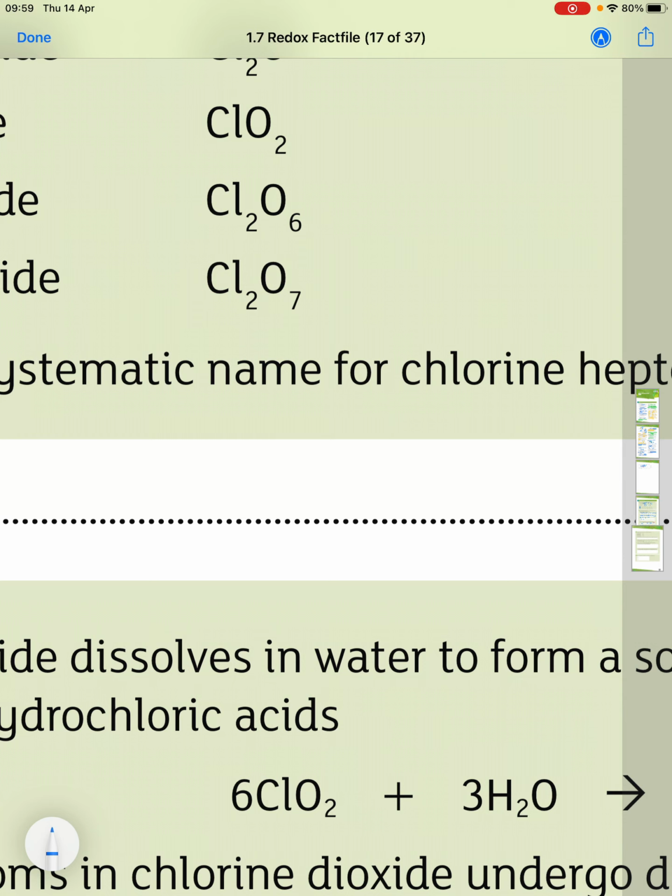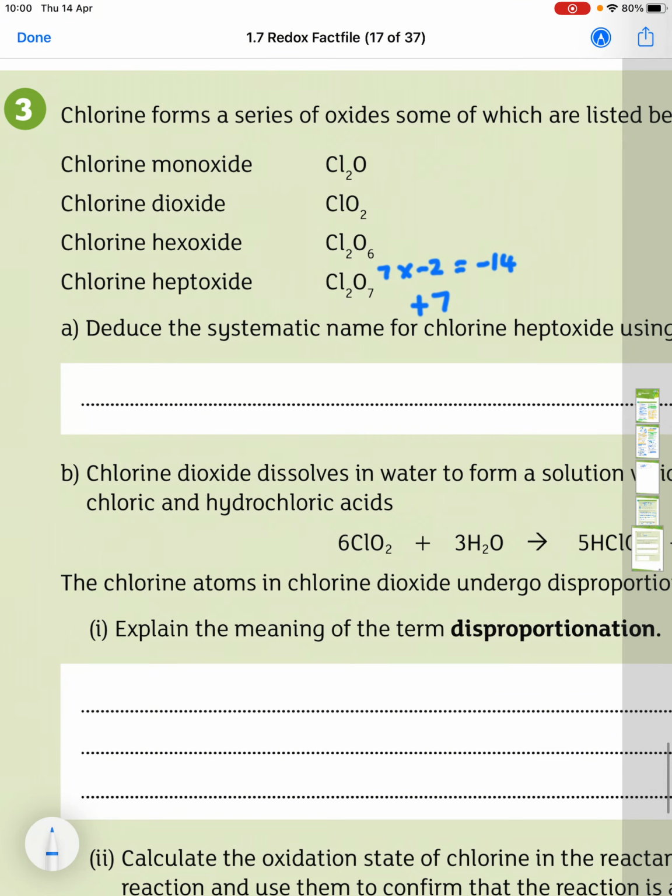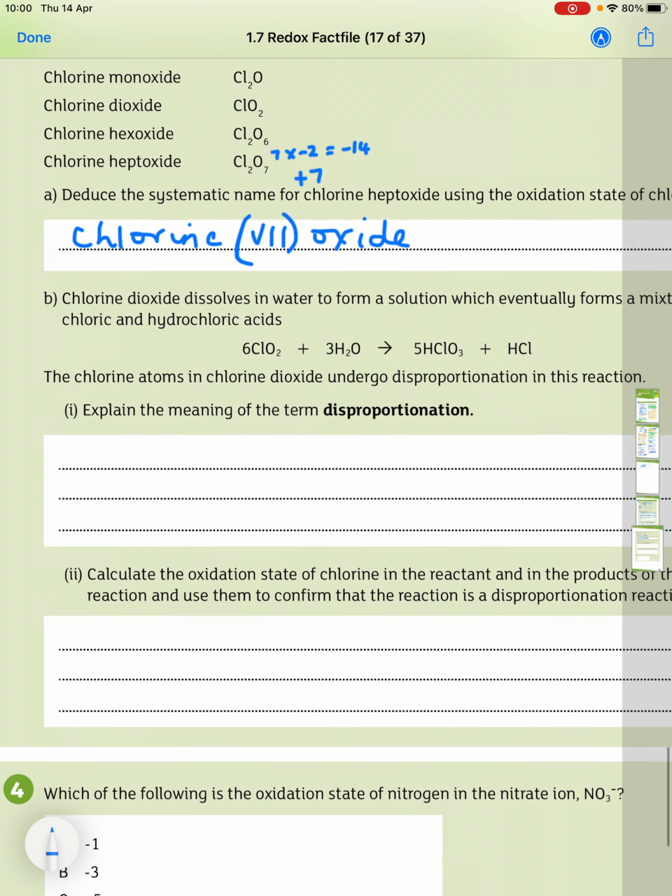So looking at this Cl2O7, we have 7 oxygens and each of them are -2, so that's -14. So each chlorine then has to be +7. So it's going to then be chlorine, and the oxidation state is 7, so you write it as Roman numerals in the brackets, and then oxide.